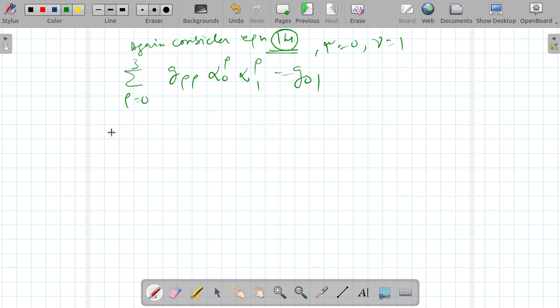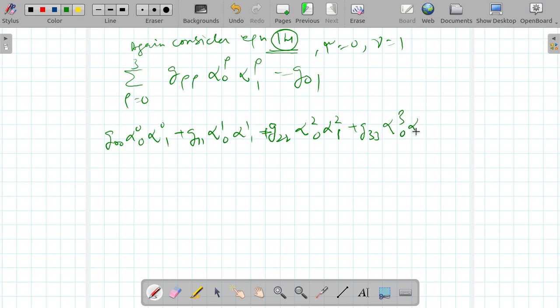And let me open it: g00, alpha 00, alpha 01 plus g11, alpha 10 and alpha 11 plus g22, alpha 20 and alpha 21 plus g33, alpha 30 and alpha 31, g01.